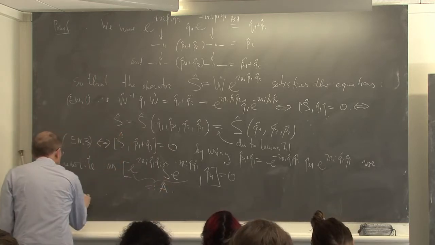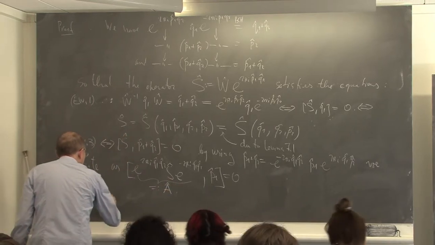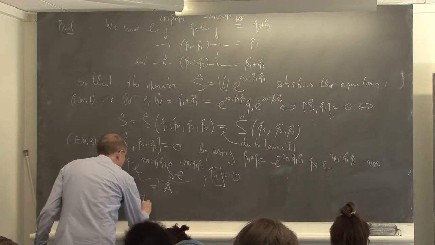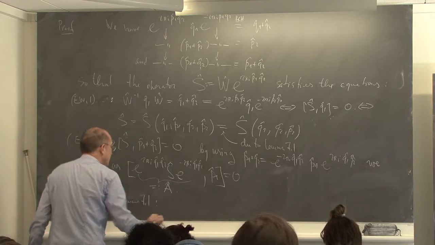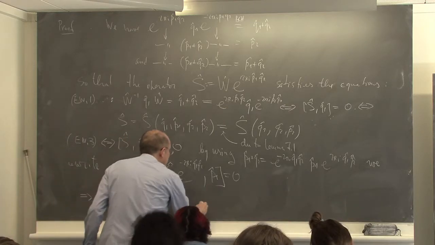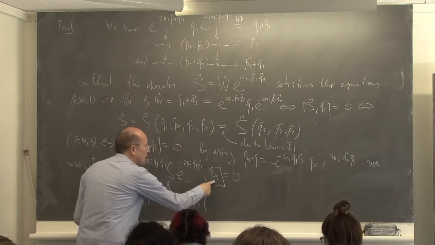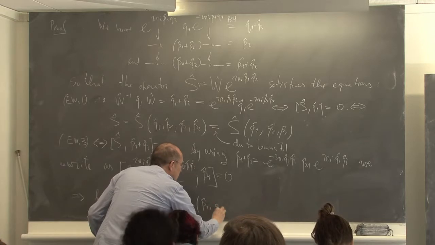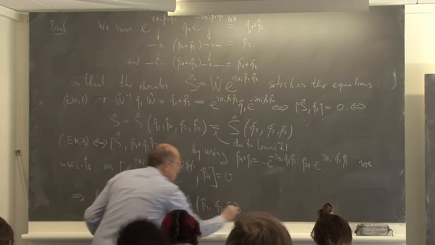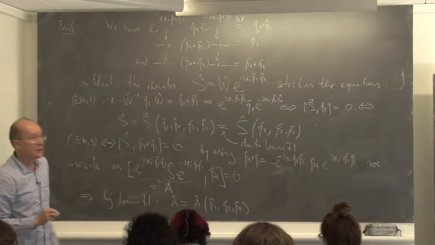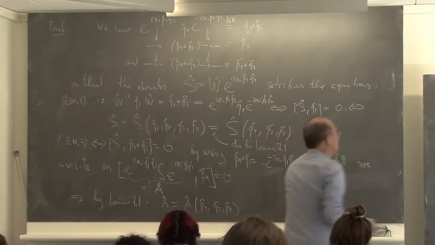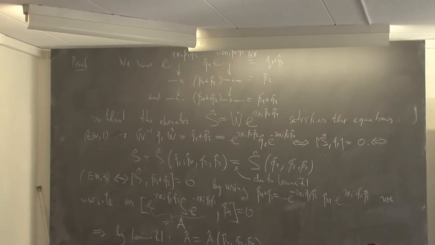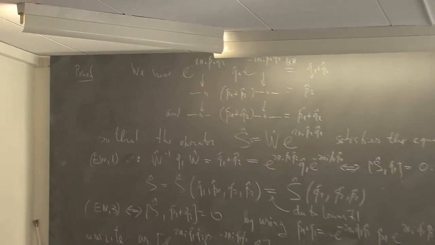Then by lemma 1, still the same lemma, A hat becomes a function of P1, but no Q1, Q2, P2. The same argument as in the previous case, but now we can translate this into a conclusion for operator S.